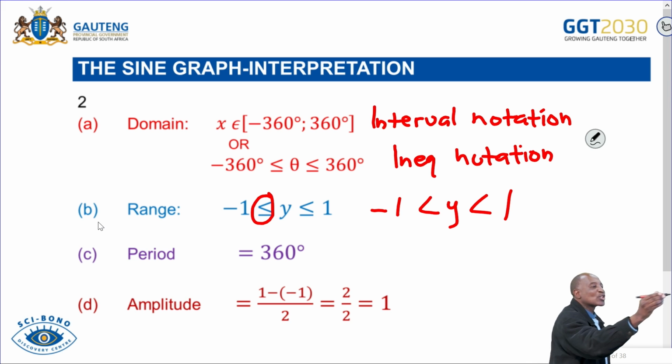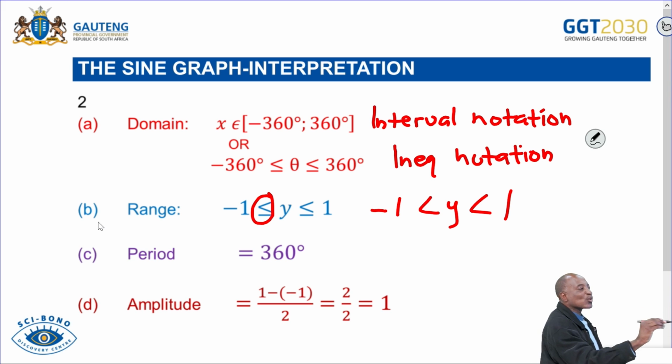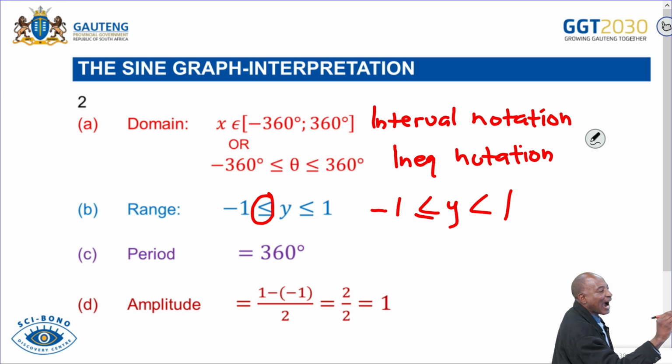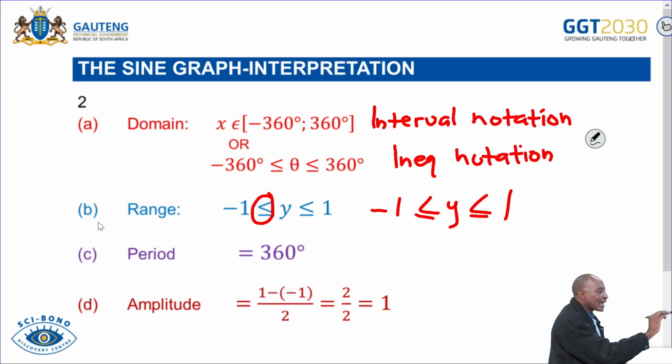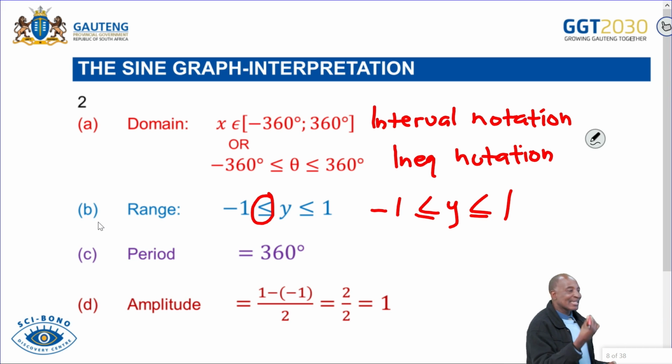Hence, we don't use a strict inequality symbol. This one is called a strict inequality symbol, because it's strictly greater than -1 and strictly less than 1. Yet, our graph does touch those points. So, we use a half inequality symbol, which is accommodative of those two points. It's either greater or equal to -1, but less or equal to +1. That is our range. That's how you interpret range.